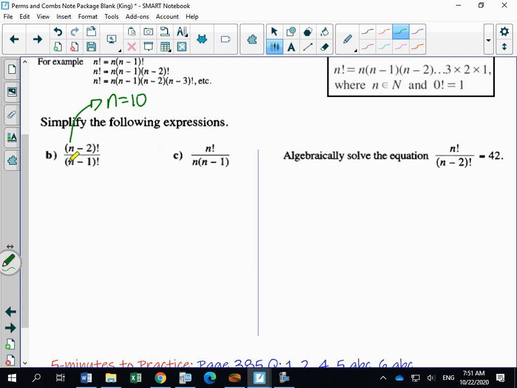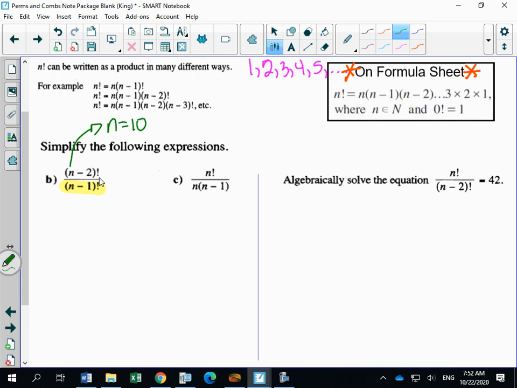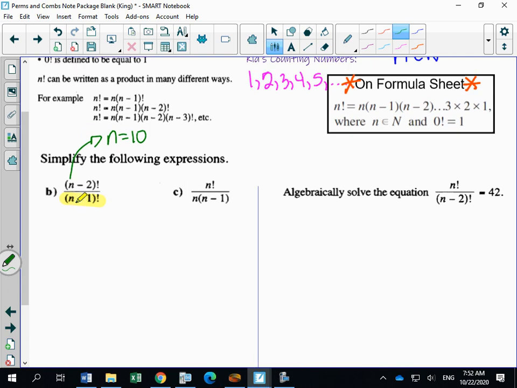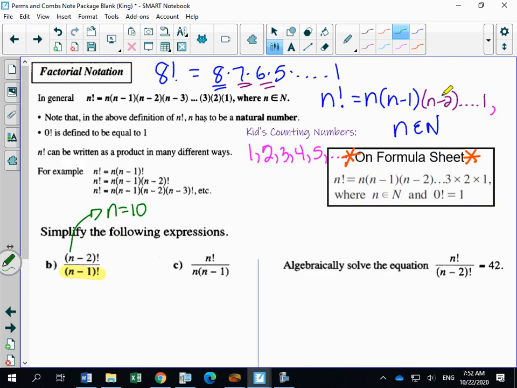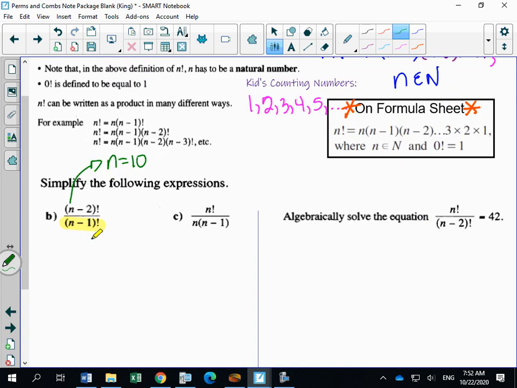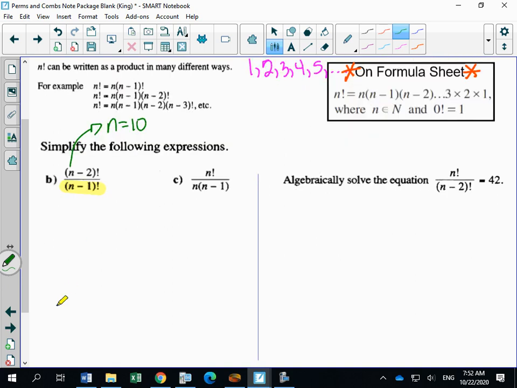So where we want to start is by unzipping whatever's larger, and in this case, the denominator is larger. What comes after n minus 1 would be n minus 2, then n minus 3, n minus 4. We want to start unzipping this until we get to n minus 2 factorial and match it with the numerator.